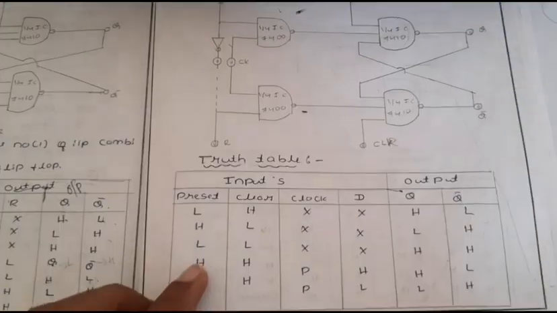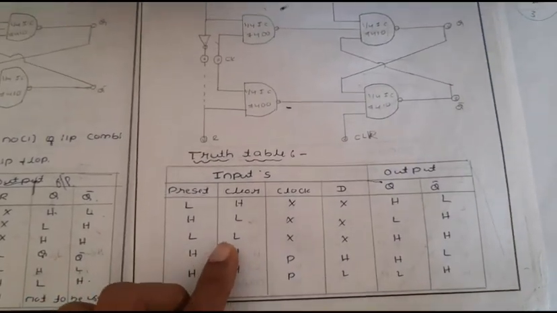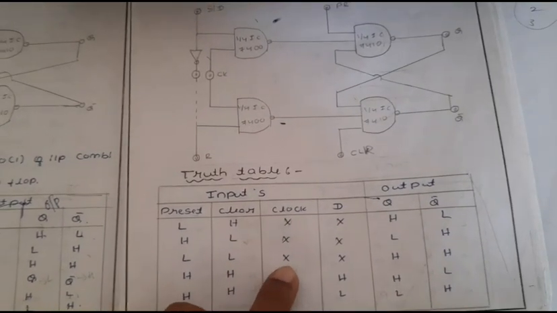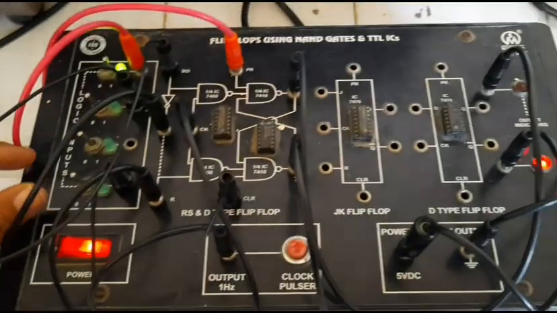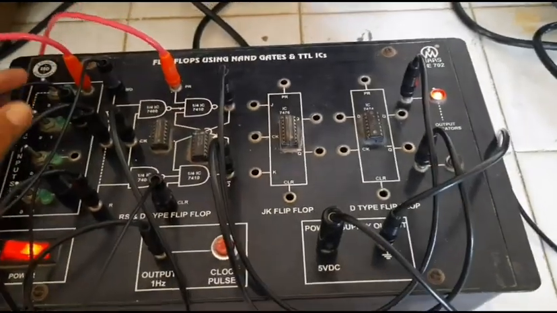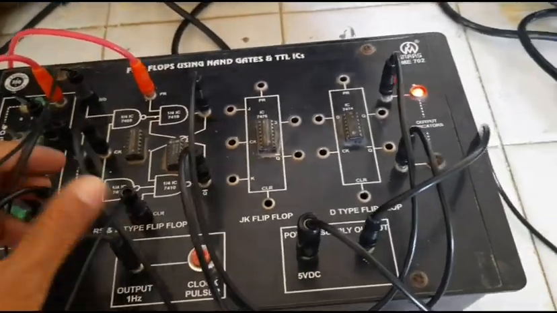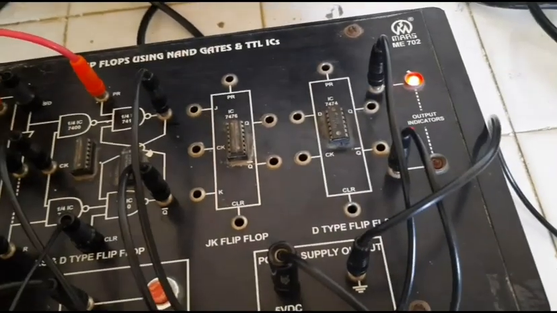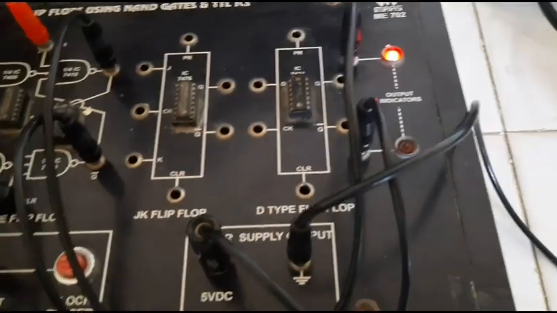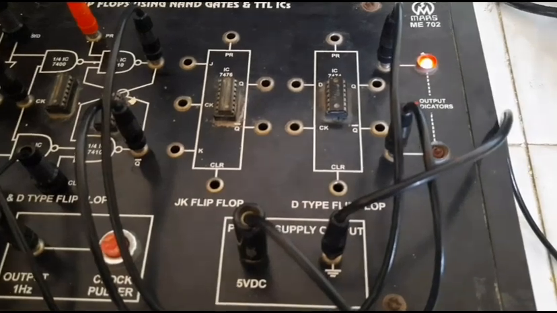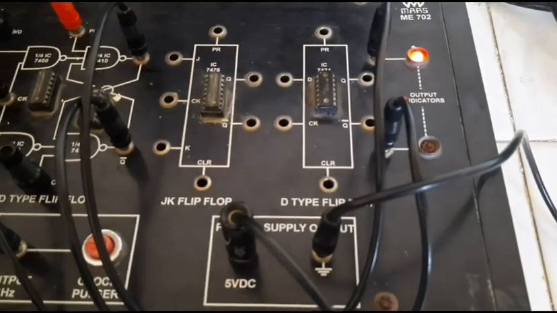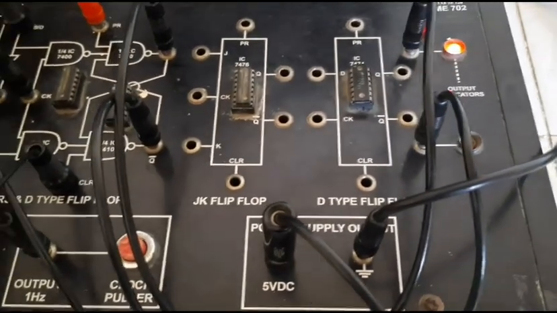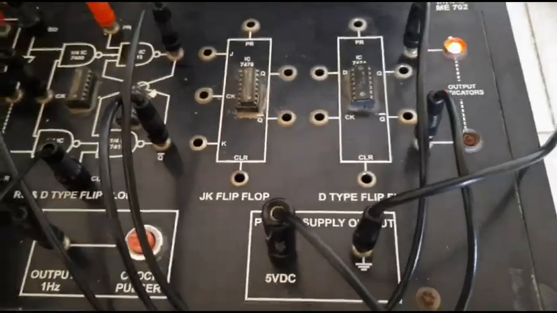So the next one, both preset and clear should be low, we should not apply the clock, and D must be low. Our output must be high. You can see that due to a loose connection, it is not blinking.